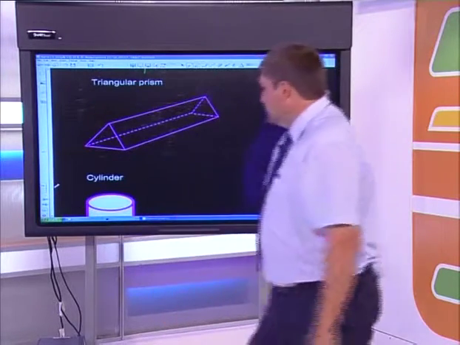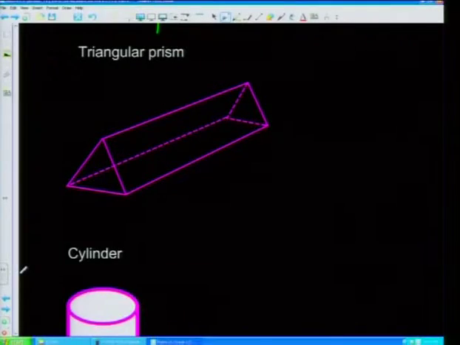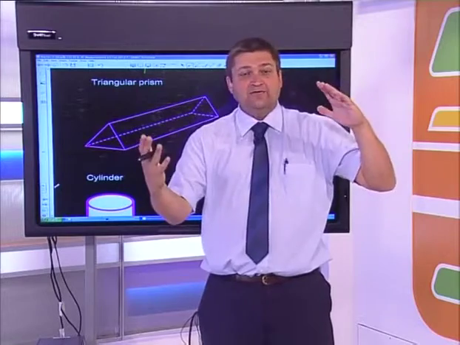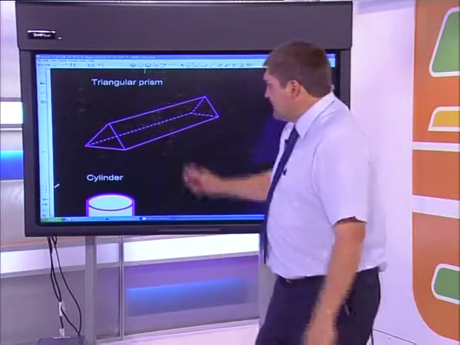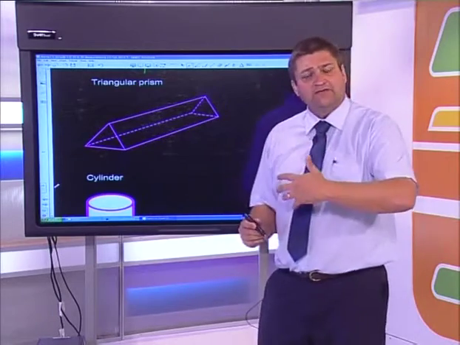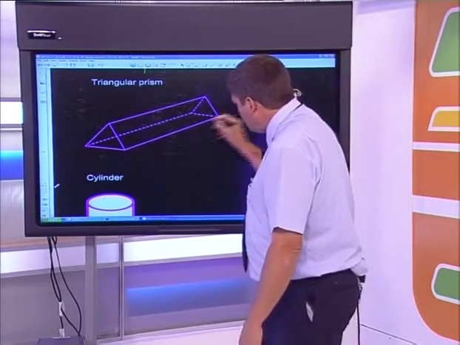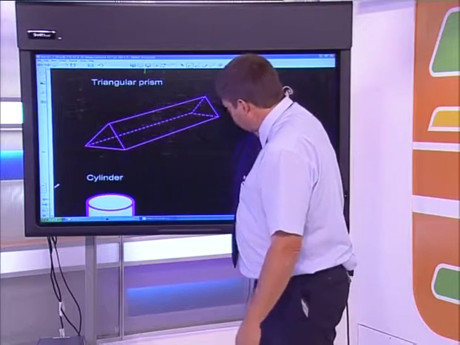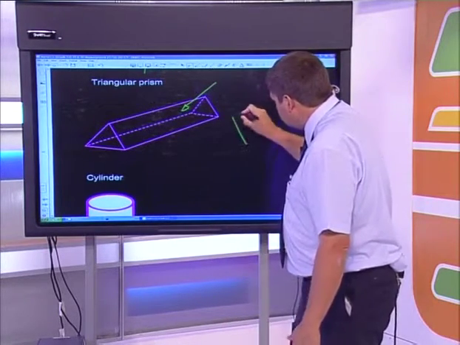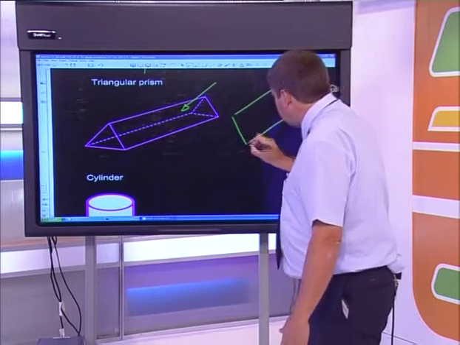Now, triangular prism is basically made up of what? It's made up of 3 rectangles and 2 triangles. That's all. Now, you know how to find the area of a rectangle. It's length times breadth. So, if I were to draw this side that we're looking at here, I'm looking at a rectangle.